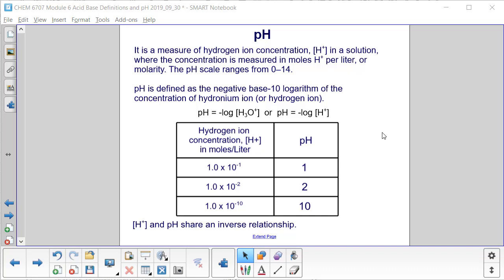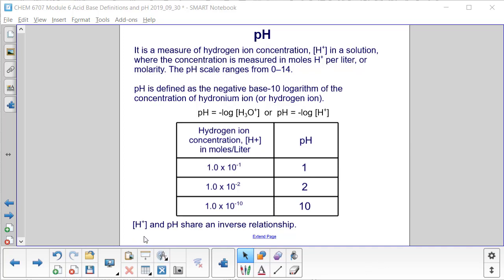The pH scale ranges from 0 to 14. pH is defined as the negative base 10 log of the concentration of hydronium ion, or often simplified here to hydrogen ion. Okay. If the hydrogen ion concentration is as given, 1 times 10 to the minus 1, 1 times 10 to the minus 2, 1 times 10 to the minus 10, here are the pHs: 1, 2, and 10.